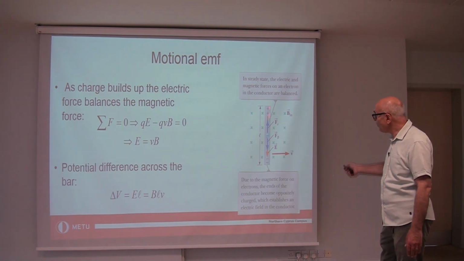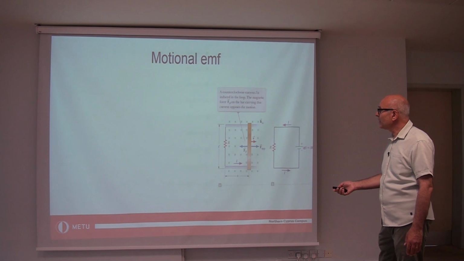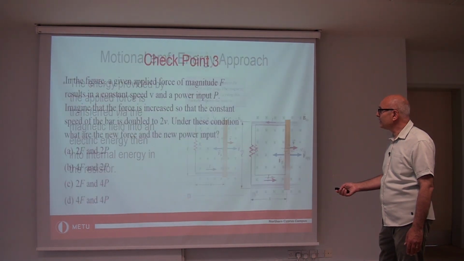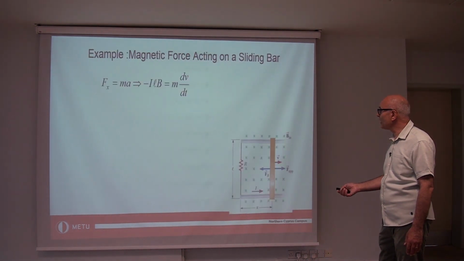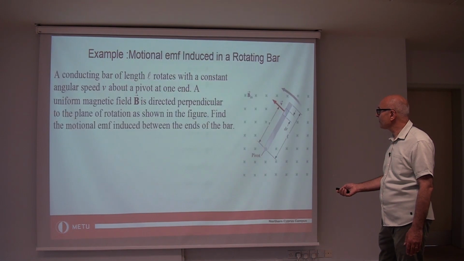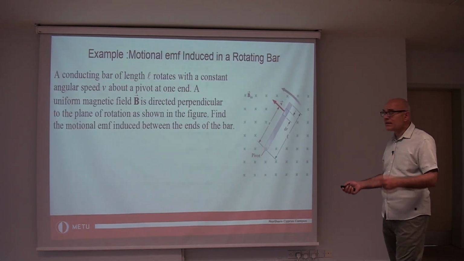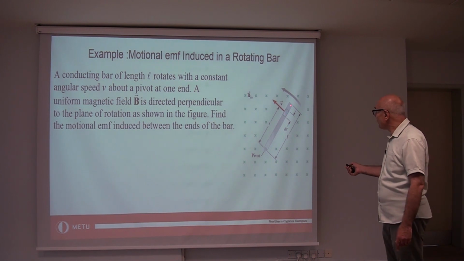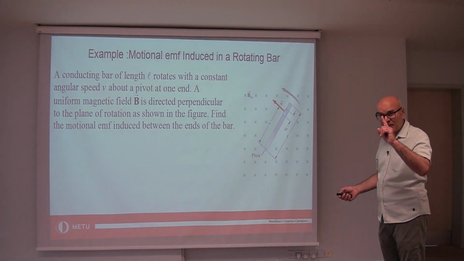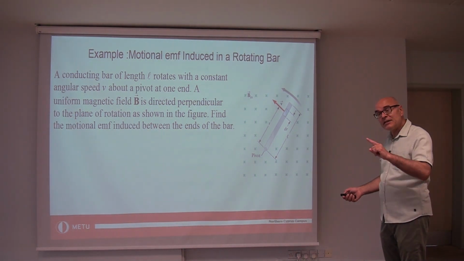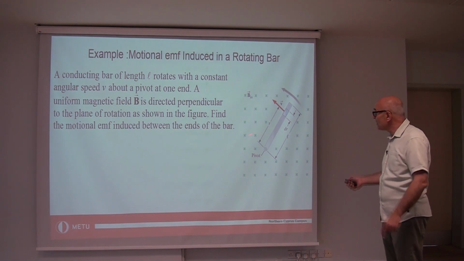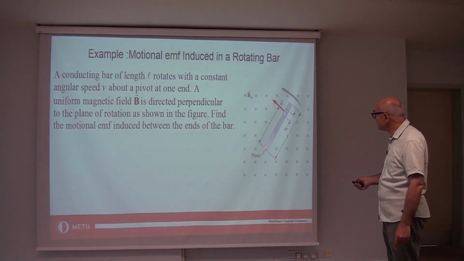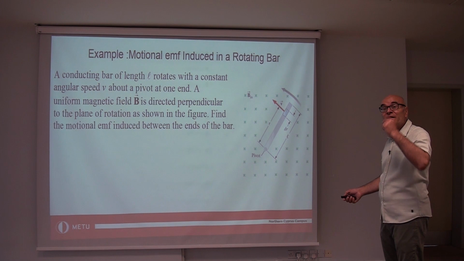Here we had the whole rod moving with the same velocity v. Now let's see how we apply this to our case. The issue is that this rod is not moving with a constant linear speed. It is moving with a constant angular speed, so points at different distances from the pivot are moving with different linear speeds.